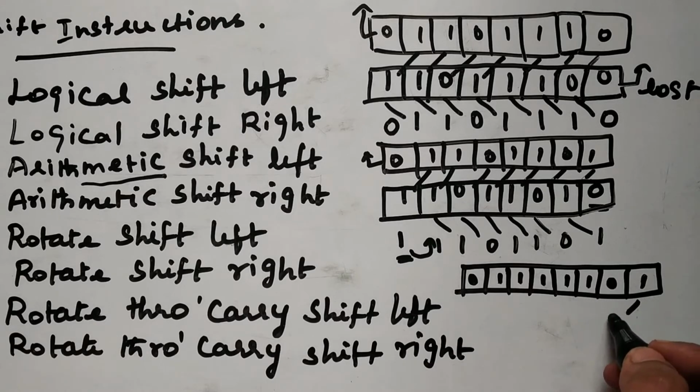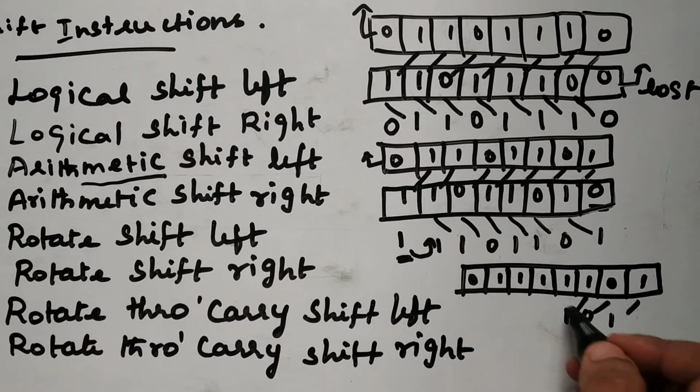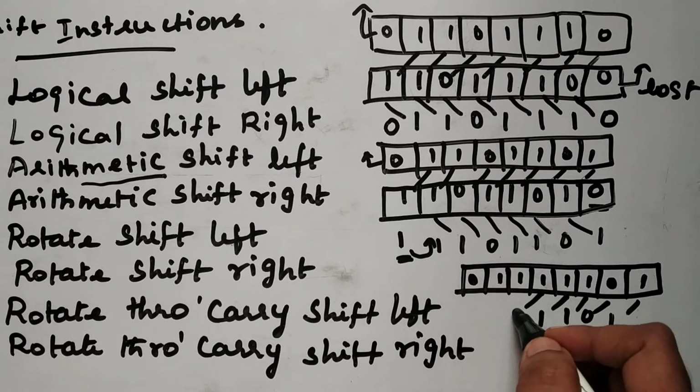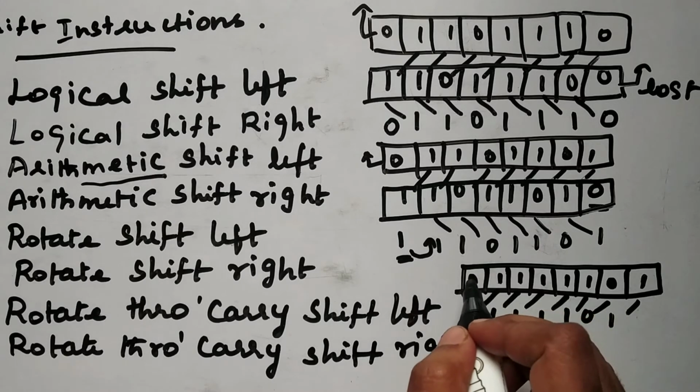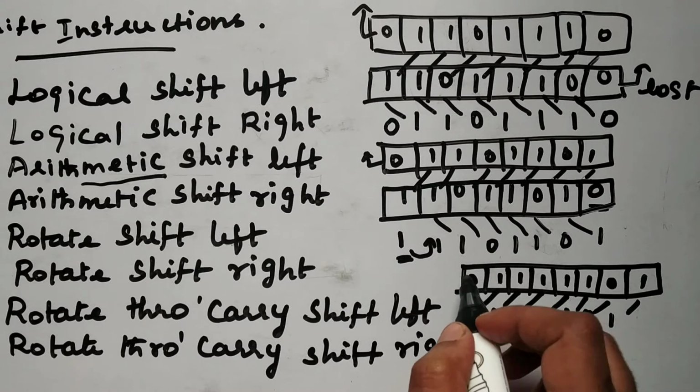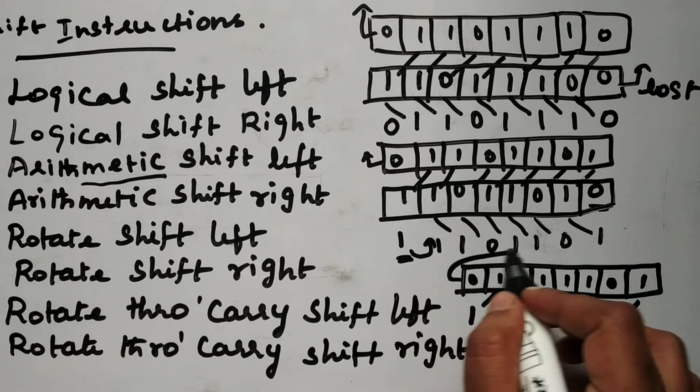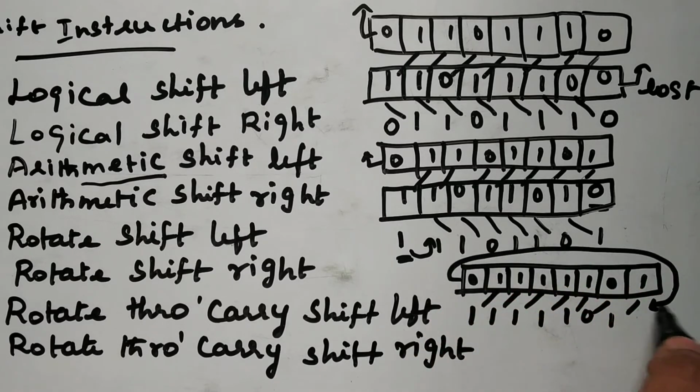So moving this 1 here, 0 will come here, 1 will come here, 1 will come here, 1, 1, 1, and this 0 will not be lost in this rotate shift. This particular 0 will be inserted in the last bit of the output. This is what rotate shift left is.